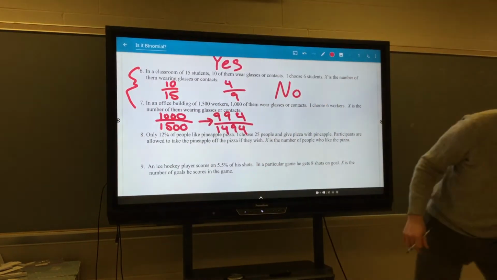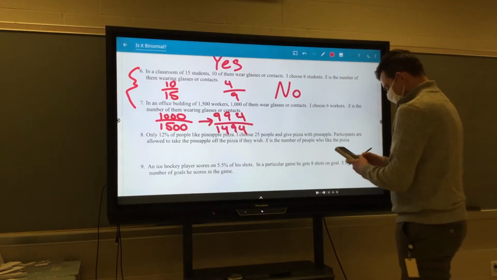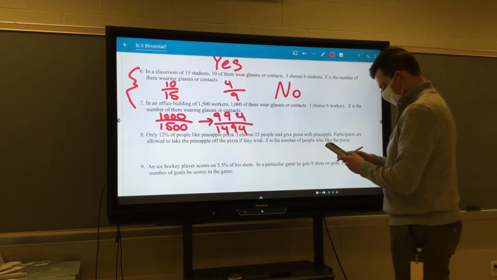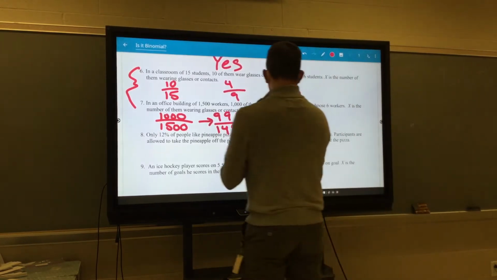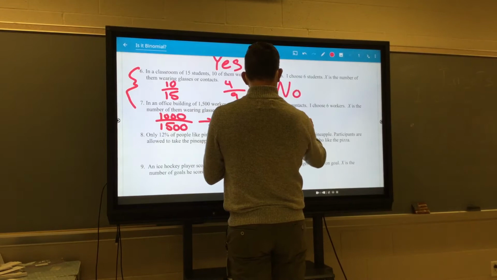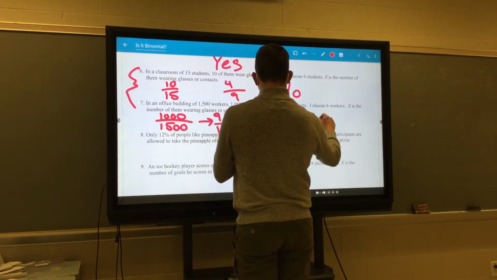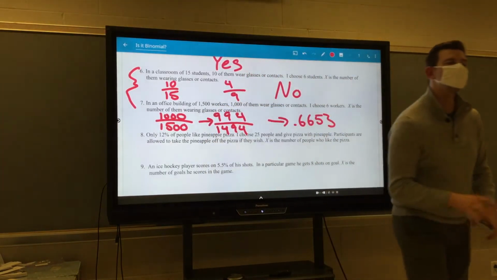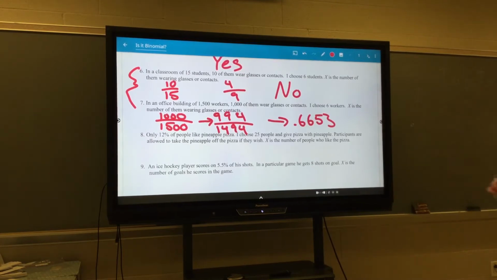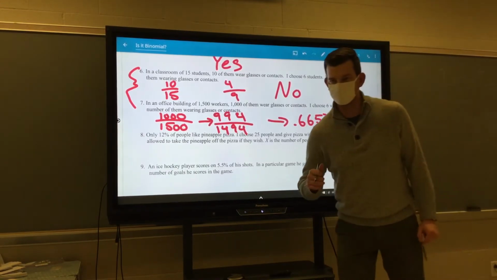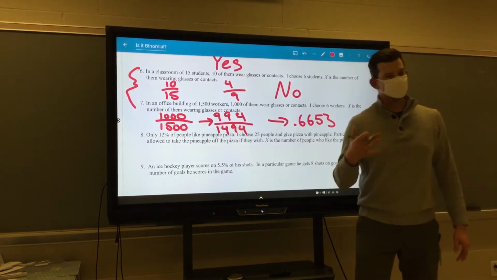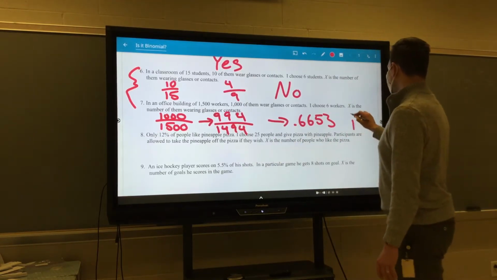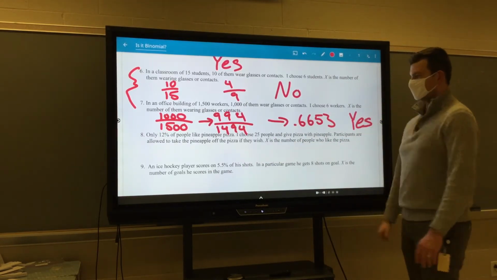And when you do that, instead of being 67%, it's 0.6653. So it's still very close. It's a negligible change in the probability, so you can assume independence, and yes, you can use a binomial model there.